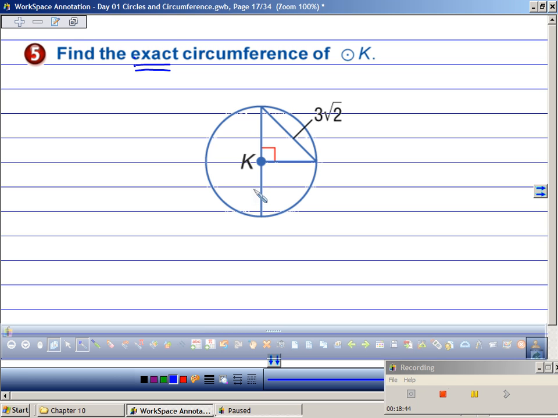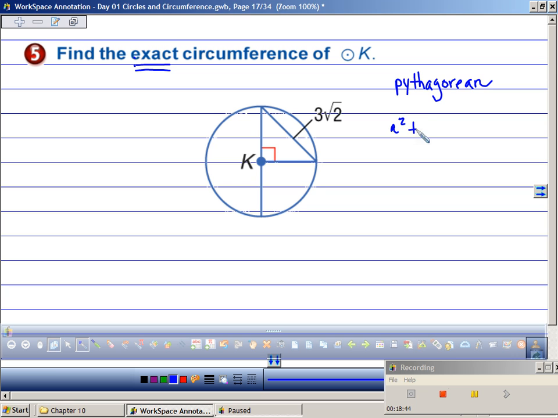So there's a few things here that we've got. First of all, we've got the hypotenuse of a right triangle. So I could use a couple different things here. What do I automatically think when I see a right triangle? First thing I think is Pythagorean. Right?